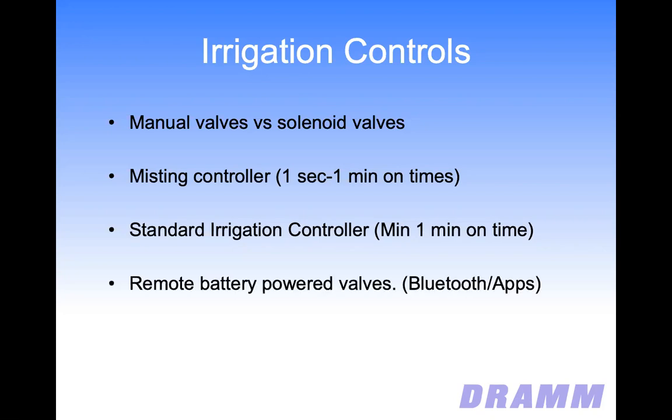Again, like I said, if you're working out in a field and you don't want to run wires to those individual solenoid valves, there are remote battery power valves, and some of them even have Bluetooth capability so that you can walk up to them with your phone on your app and change your cycle time. And then, of course, for larger greenhouses or nurseries, a central system that has a lot of options when it comes to valve control.